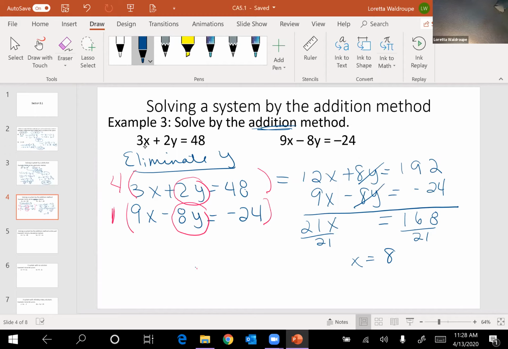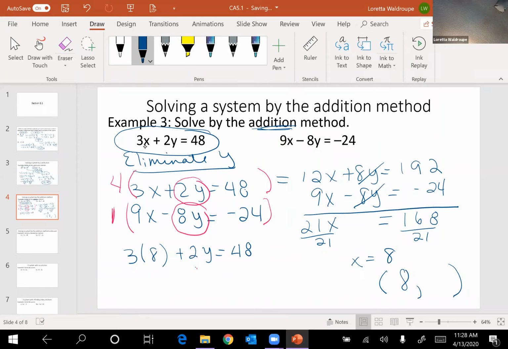Now that I know x, I know my answer is going to be 8 and then something. I don't have an equation solved for y like I did on substitution. So I pick one of my two equations. I'm going to pick this one, and I plug my x in. So 3 times 8 plus 2y equals 48.